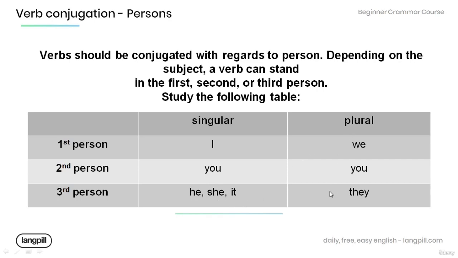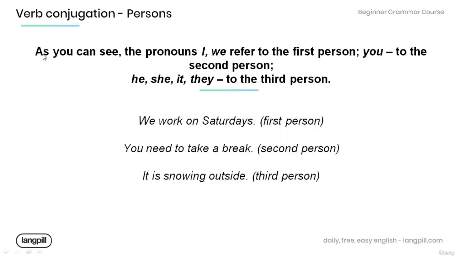Plural, they. Now, as you can see, the pronouns I, we refer to the first person, you to the second, he, she, it, and they to the third person.